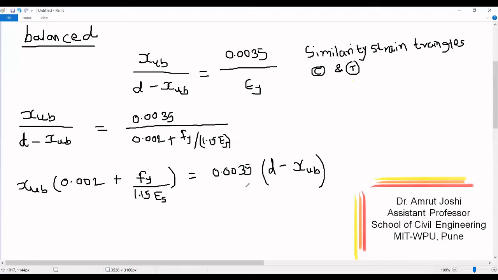So once we take 0.0035 into xub on this side, its negative sign will become positive, and therefore the value will be 0.0055 times xub.